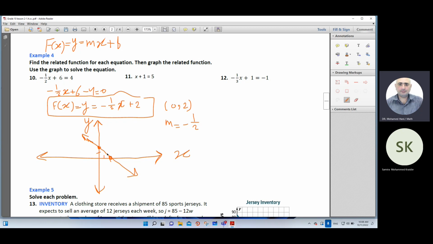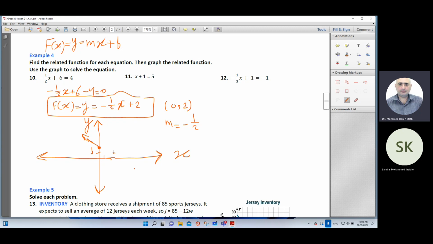Sorry, the second point will be here. This is 1 down, go 1 down, then go two to the right, 1 and 2.